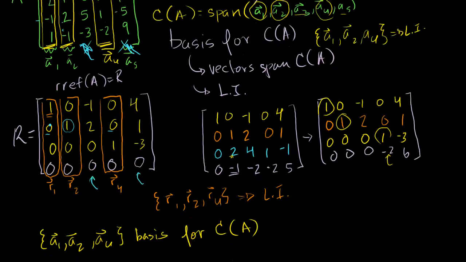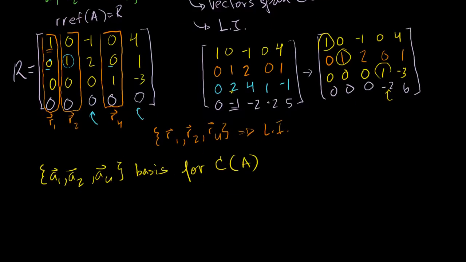The next question is, what is the dimension of the column space of A? Well, the dimension is just the number of vectors in any basis for the column space, and all bases have the same number of vectors for any given subspace. So we have 1, 2, 3 vectors. So the dimension of our column space is equal to 3.